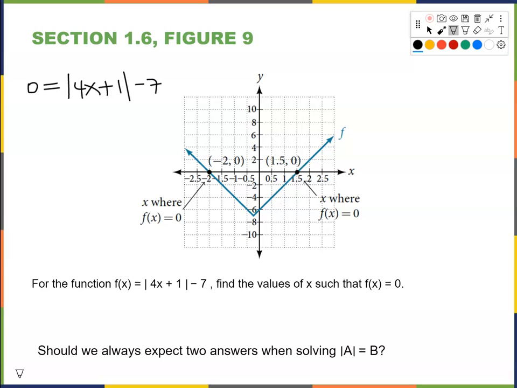And then let's solve for x. First add 7 both sides. So that this is now 7 equals absolute value of 4x plus 1.